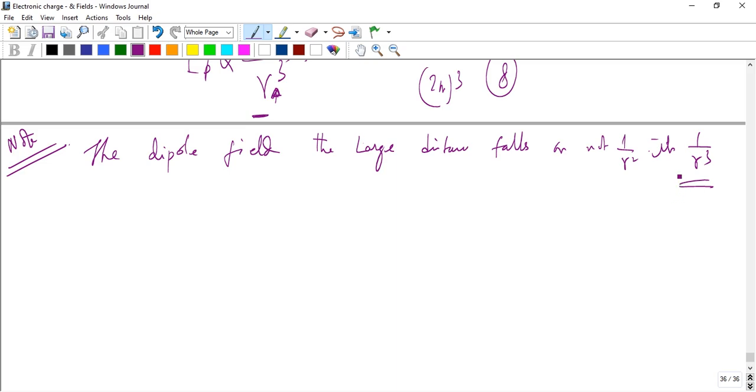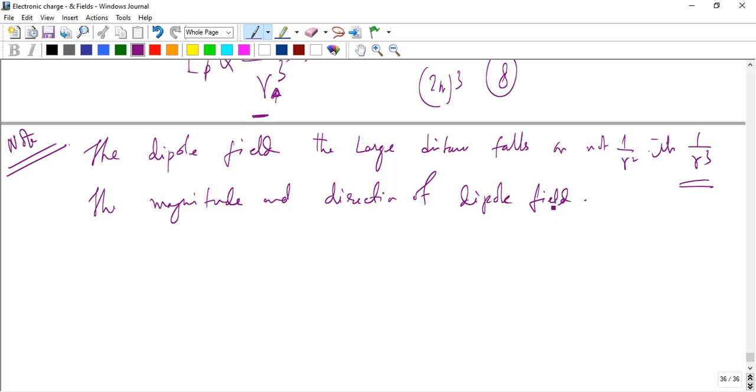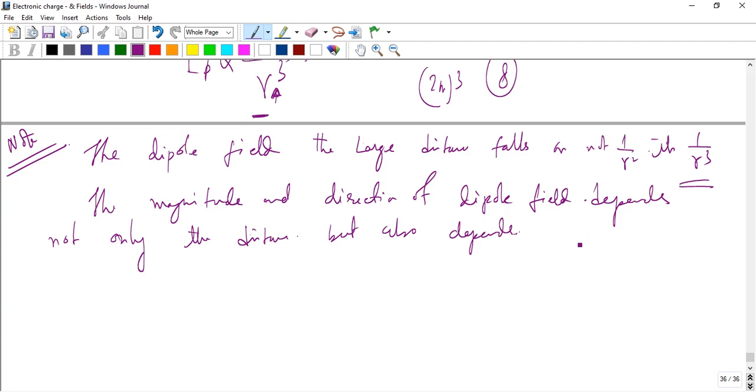The magnitude and direction of the dipole field depend not only on the distance, but also on the angle between r and p.